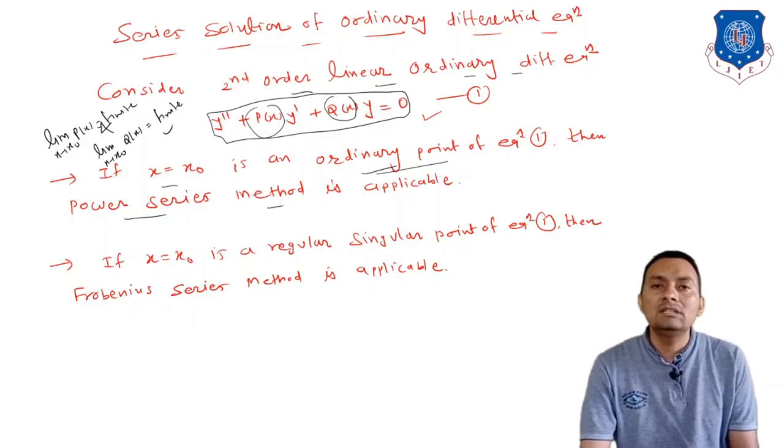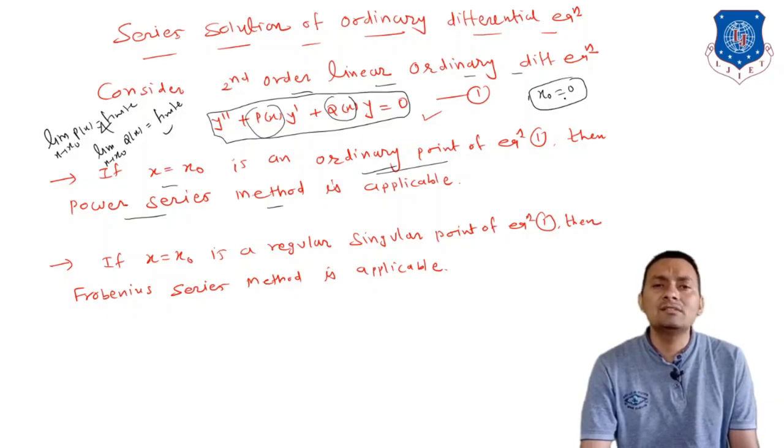But what if the point is not ordinary? That means if it is a singular point. We will always talk about x0 = 0, because basically we are solving the ordinary differential equation about x0 = 0.